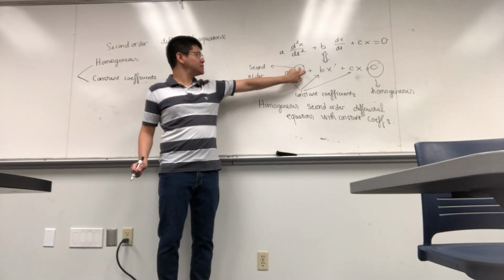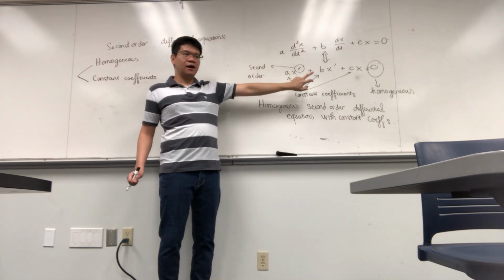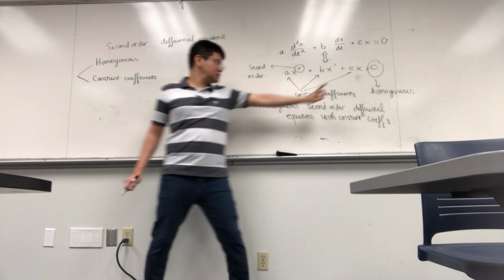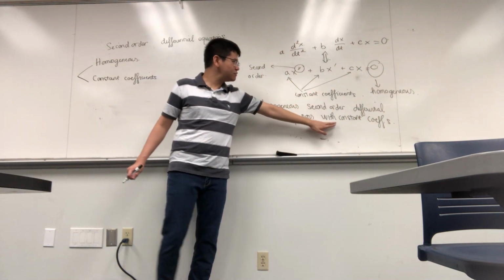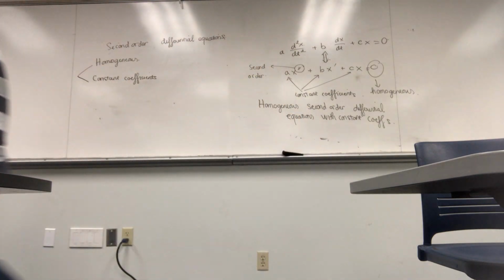This is second order because the highest order of the derivative is second. All of the coefficients are constant, which is why we have constant coefficients here, and the right hand side is 0. So this is homogeneous.